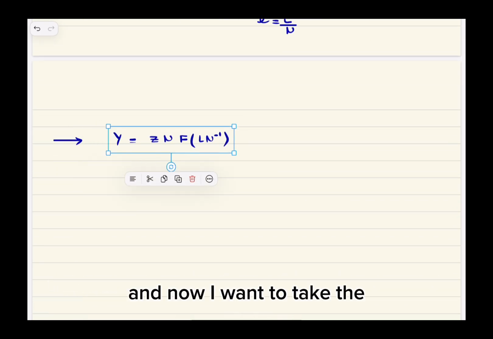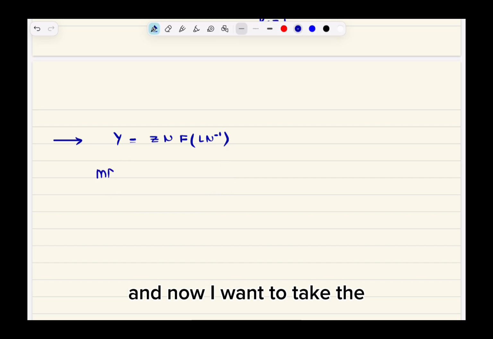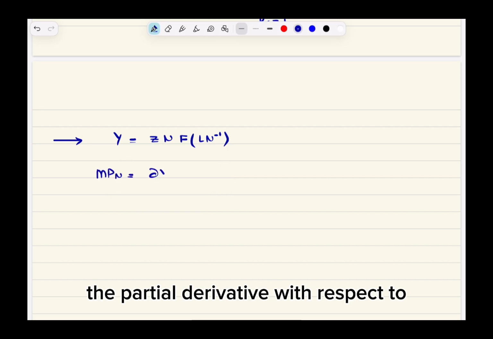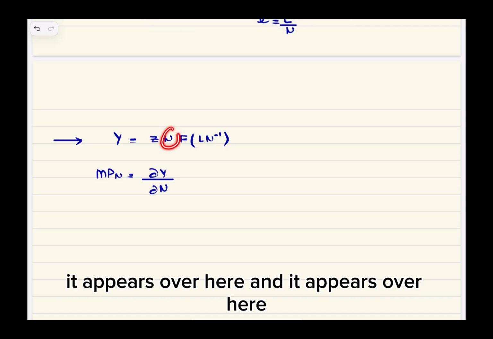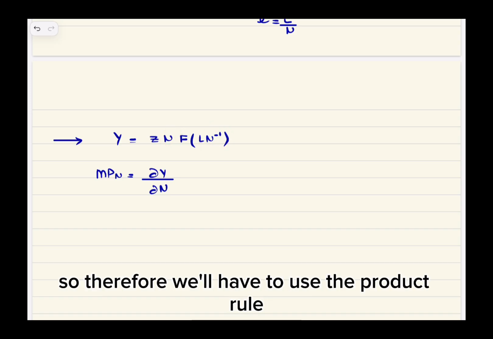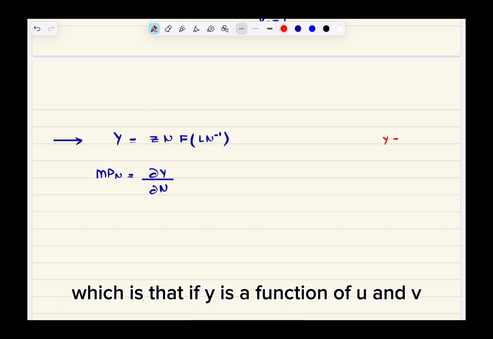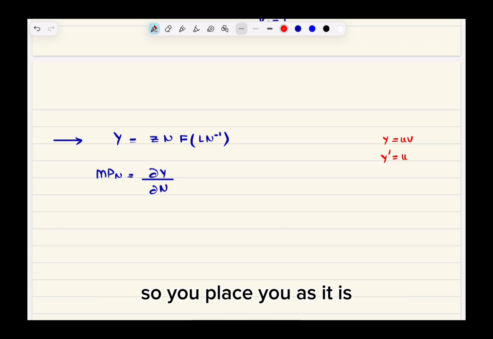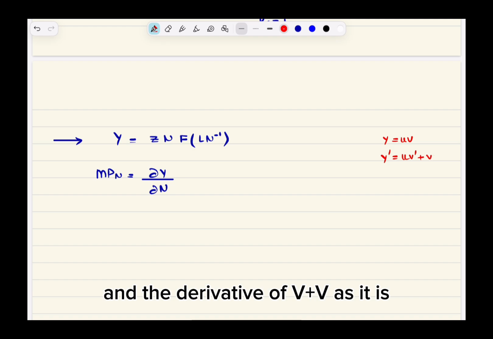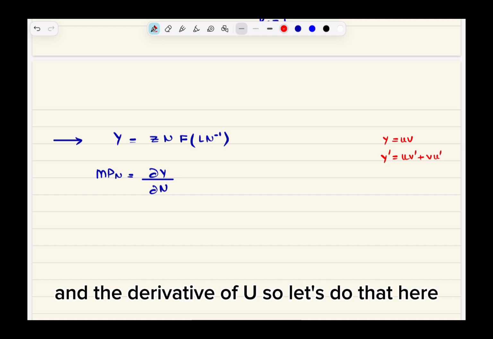Now I want to take the partial derivative with respect to N. N appears in two places, over here and over here, so we'll have to use the product rule: if y is a function of u and v, then the derivative is that you take turns. You keep u as it is and take the derivative of v, plus v as it is and the derivative of u.